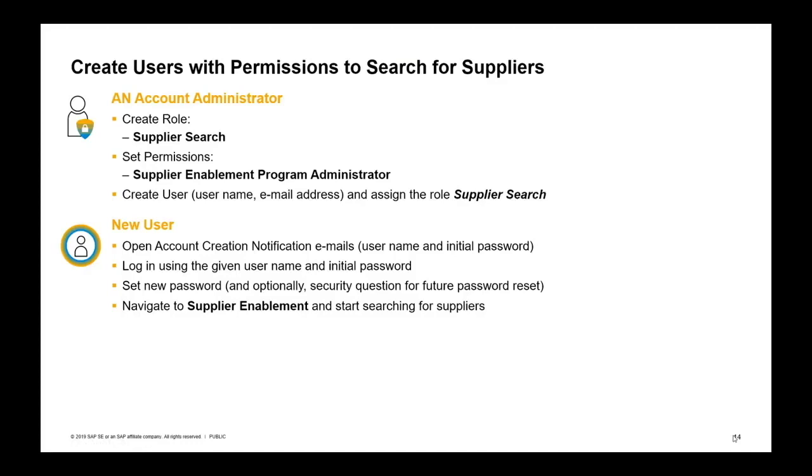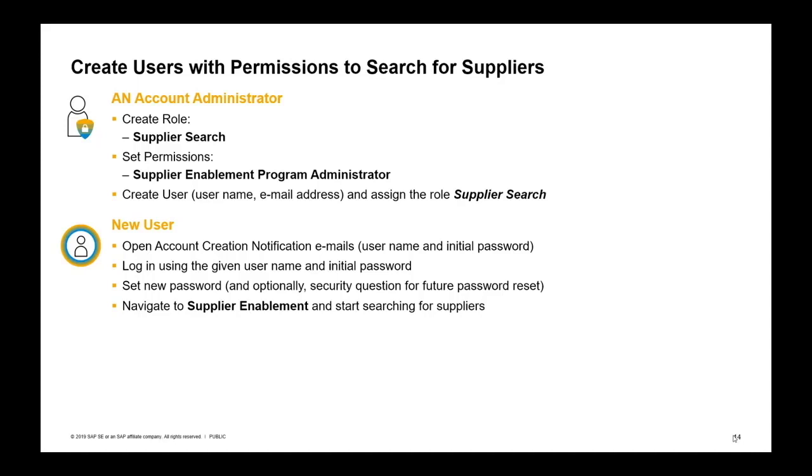So this is a summary of the steps for creating users within a buyer Ariba Network account. First, the Ariba Network account administrator creates a role, for example, supplier search. Then sets the permission, supplier enablement program administrator. Create the user, specifying username and email address, and immediately assigning the role supplier search to it.